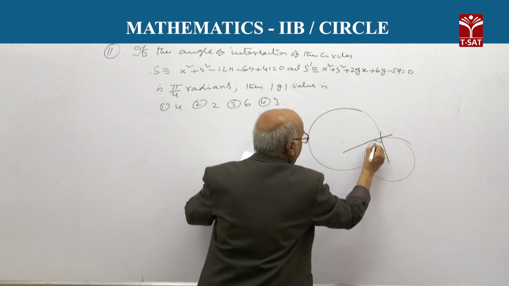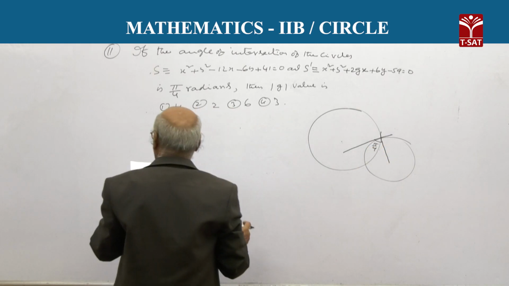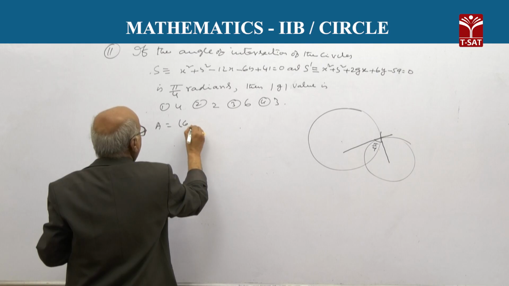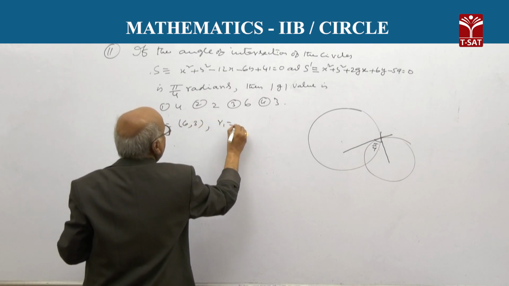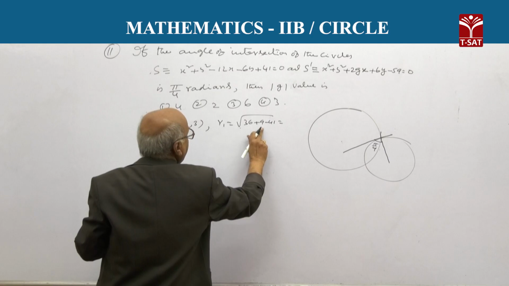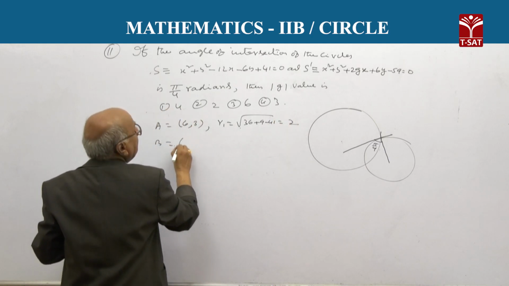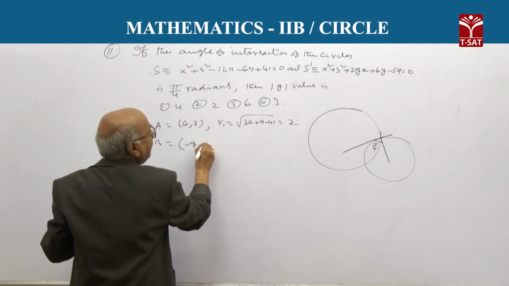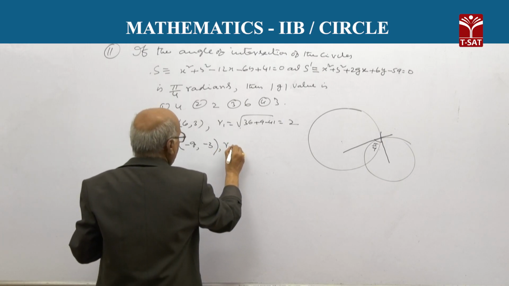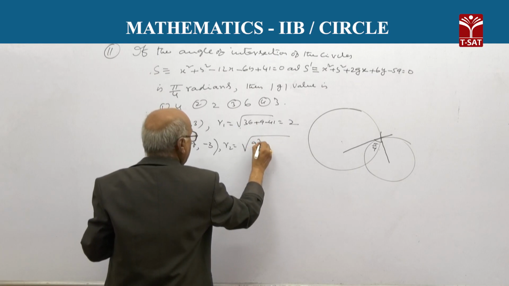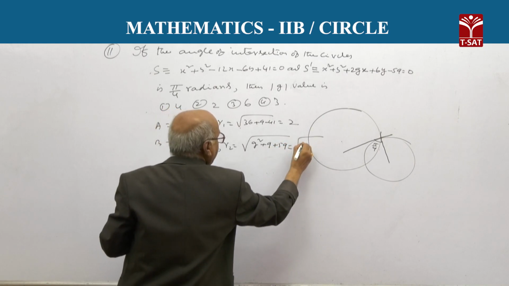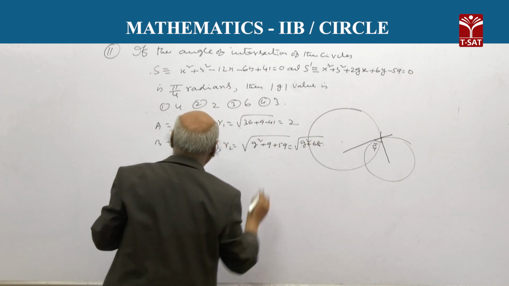That is going to be π/4. Now A = (6, 3), and R1 = √(36 + 9 − 41) = √4 = 2, and B = (−g, −3), and R2 = √(g² + 9 + 59), that is √(g² + 68).